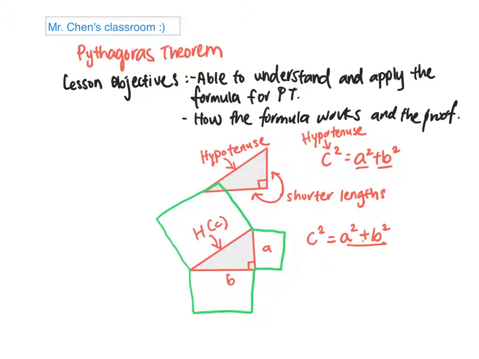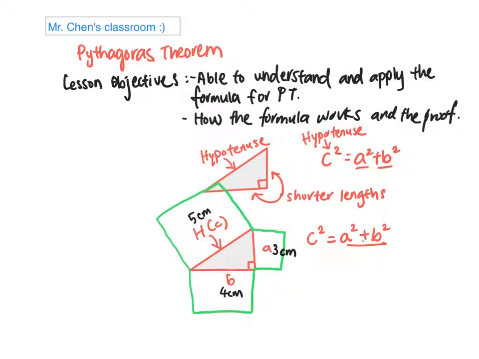So let's look at this for a second. Let's pretend the value for a is 3 centimeters, b is 4 centimeters, and c is 5 centimeters.